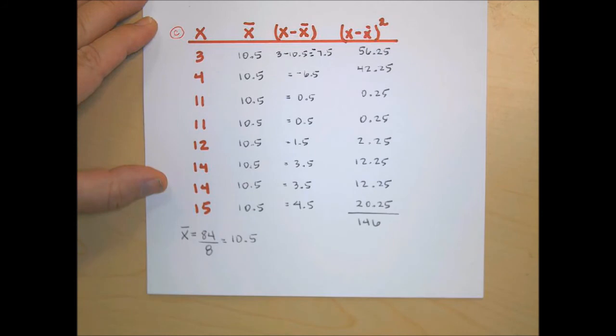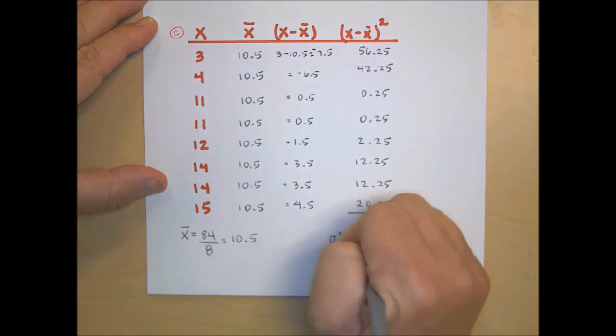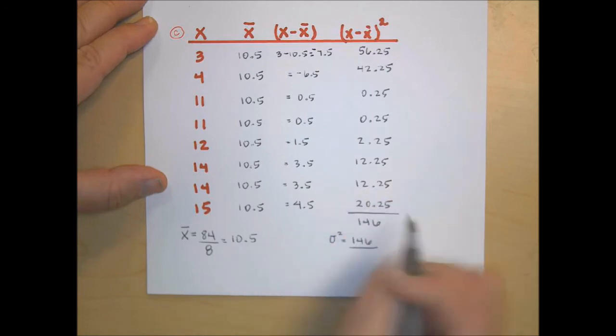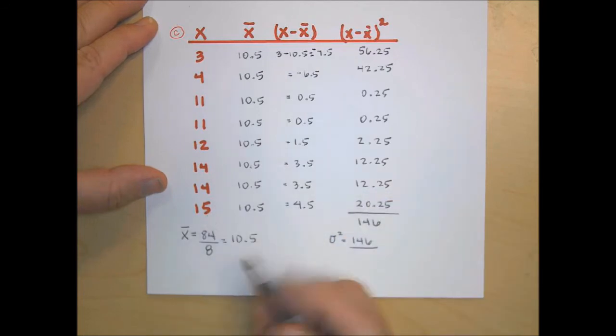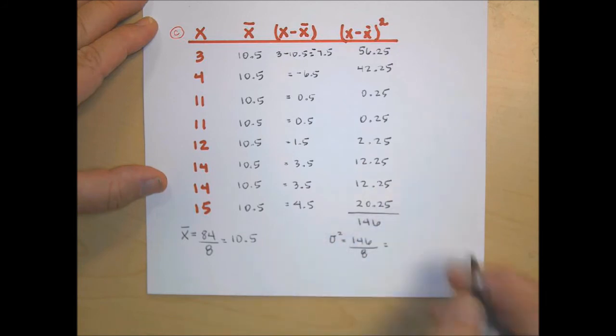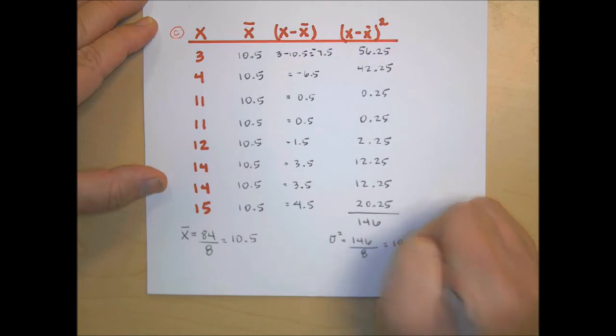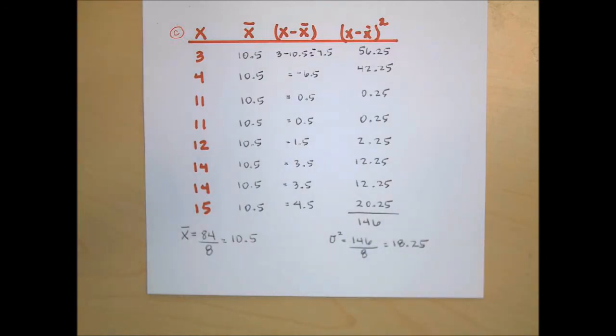Okay. Now the variance would equal 146 divided by the number of numbers, which is 8. So that would equal 18.25. That would be our variance. But the problem didn't want to know the variance.